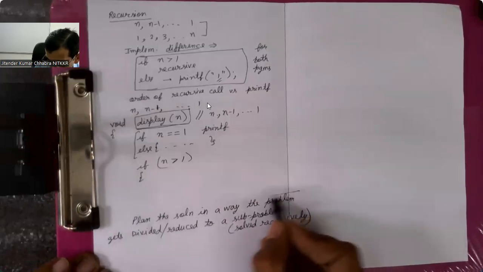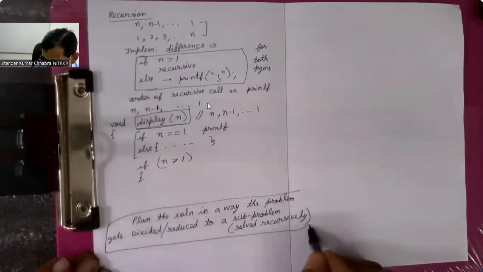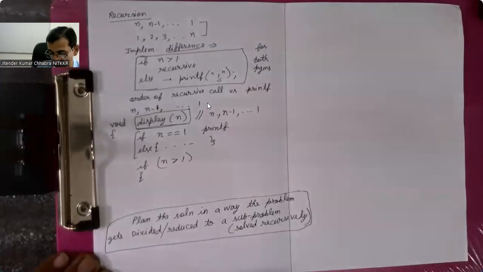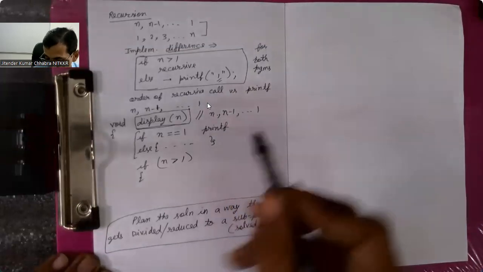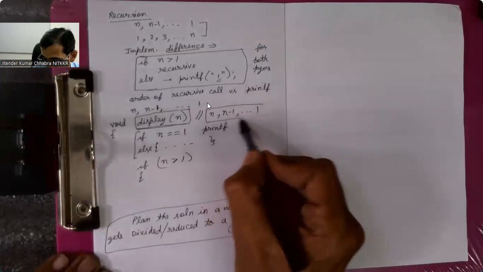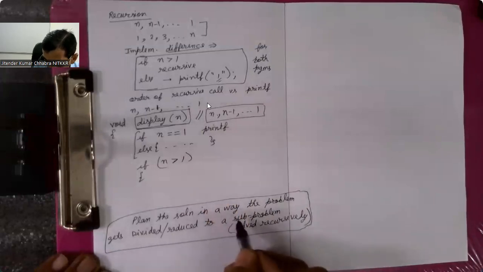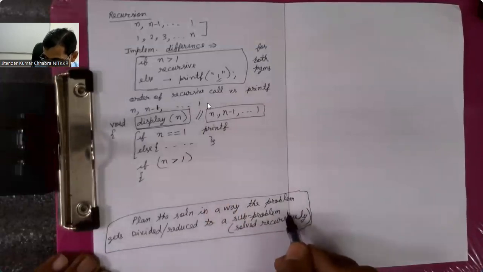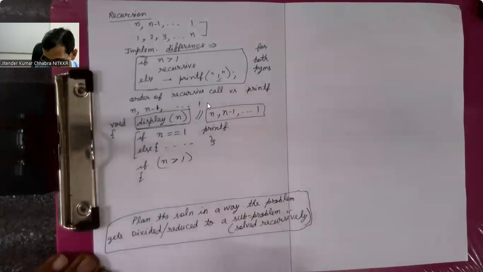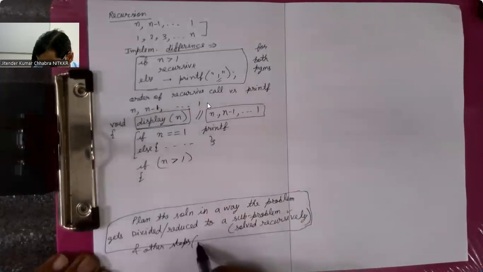If you are able to plan like this, your recursion will be very easy to solve. For example, this itself: can I divide or plan the solution in a way that some sub-problem gets solved recursively and the rest are steps that are obviously non-recursive?